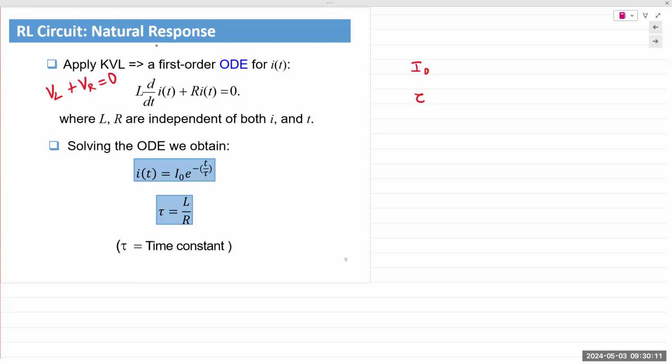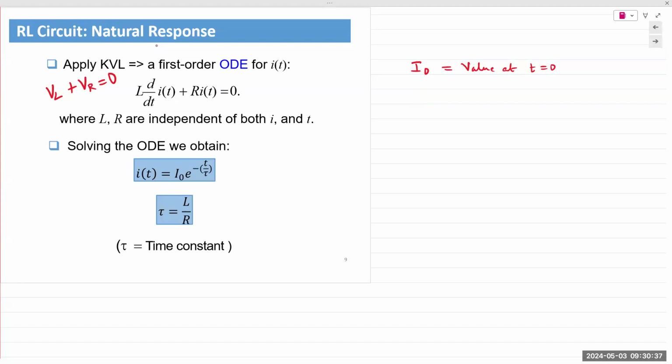I0 is the initial current in that inductor. It's basically signifying the energy level of that inductor when it begins discharging. And again, going back to the previous two slides, the reason we set up 0 minus and 0 plus is to determine the value of I0. So this is the value at time t equals 0.